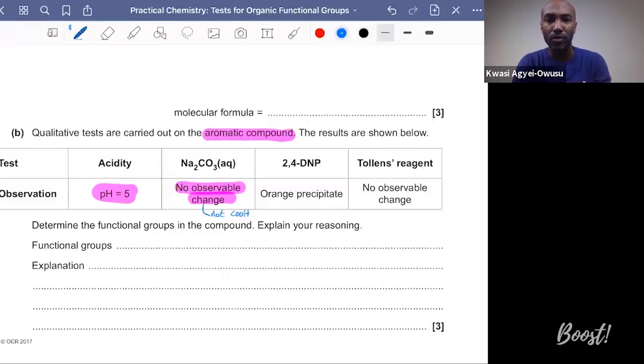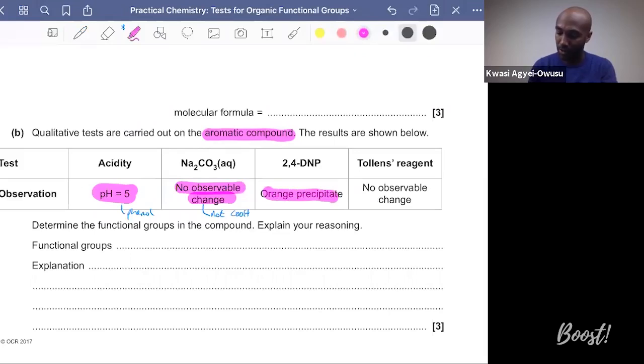We only know of one sort of functional group, so we could begin to think possibly phenol. We also know that it is an aromatic compound, so looking likely. We're told that a reaction with 2,4-DNP produces an orange precipitate. Okay, so this orange precipitate here is suggestive of a carbonyl of a ketone or aldehyde.